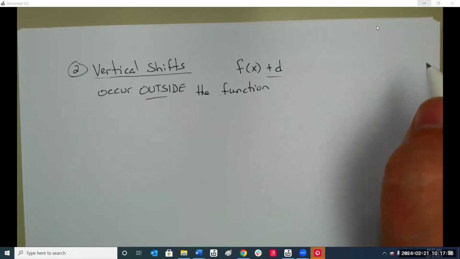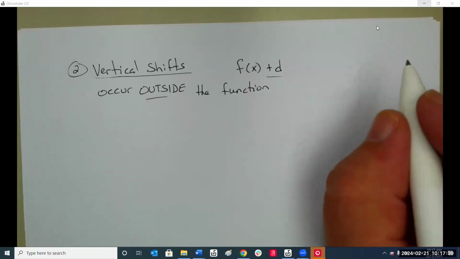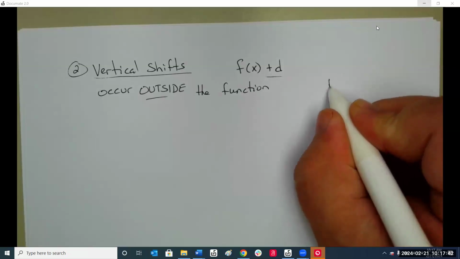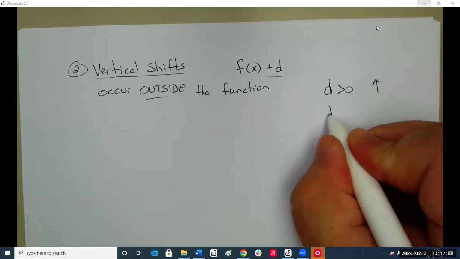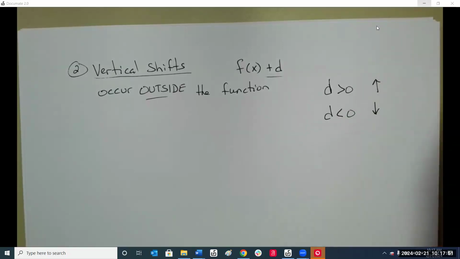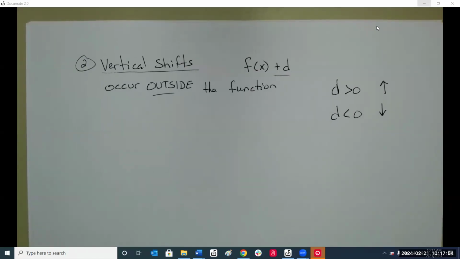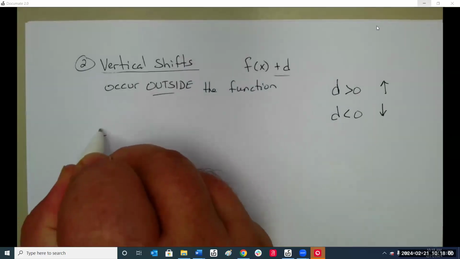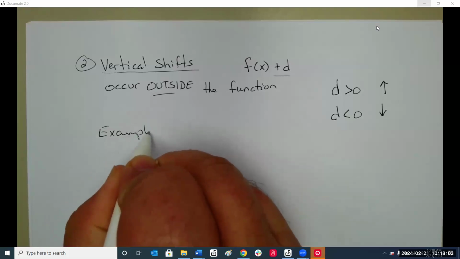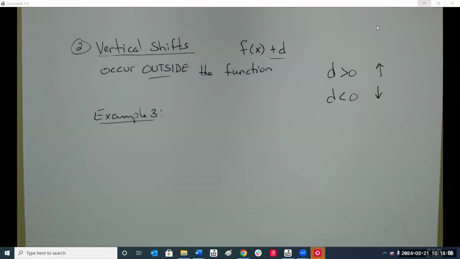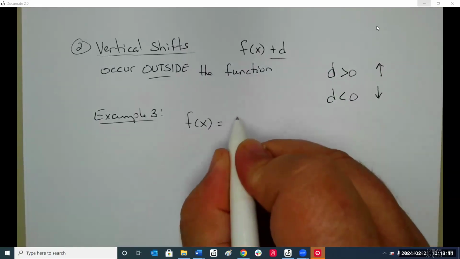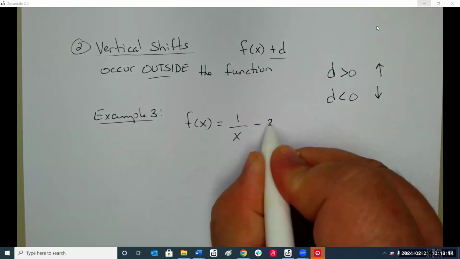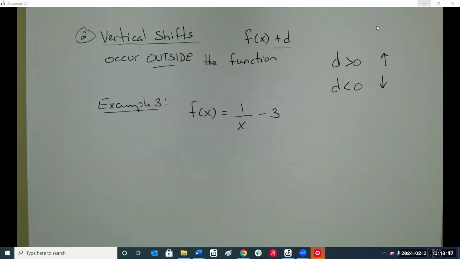Remember, horizontal shifts are always opposite. Vertical shift, if D is positive, it shifts up. If D is negative, it shifts down. For the vertical shift, it is what it is. If it's positive, you shift it up. If it's negative, you shift down. Like this example.